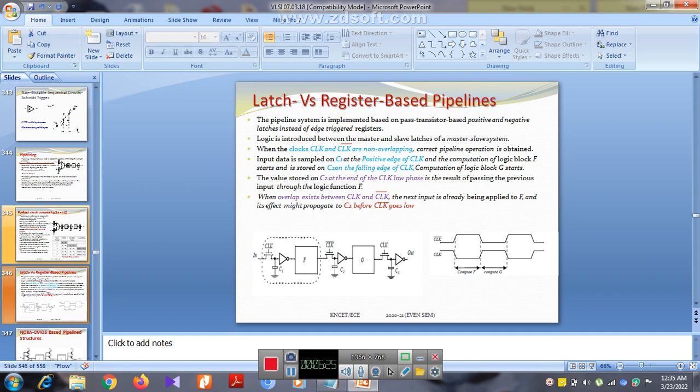If it is not overlapping, that is the high state, the correct pipeline operation is obtained.